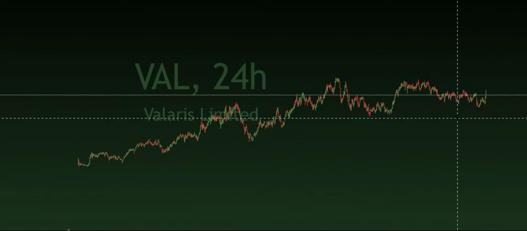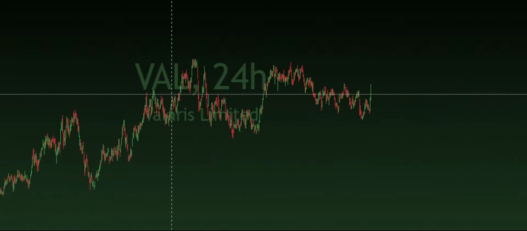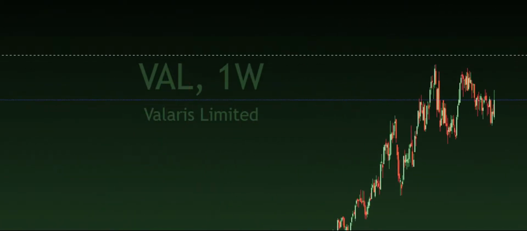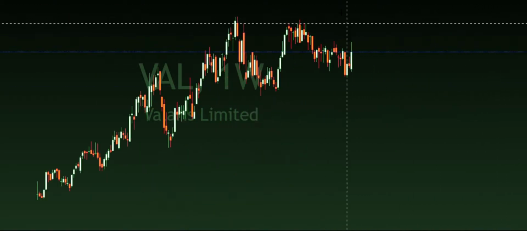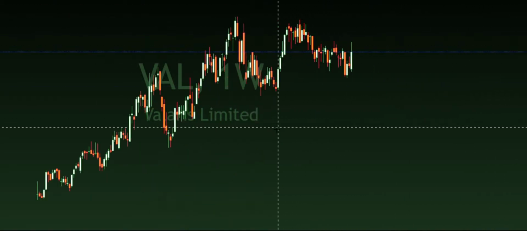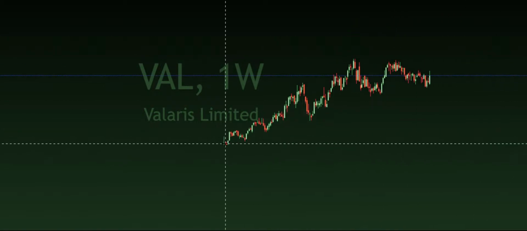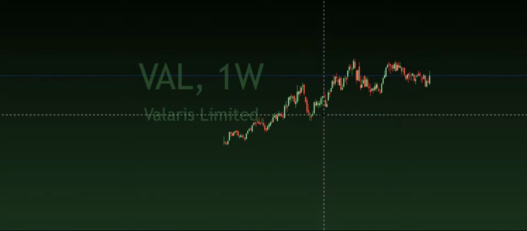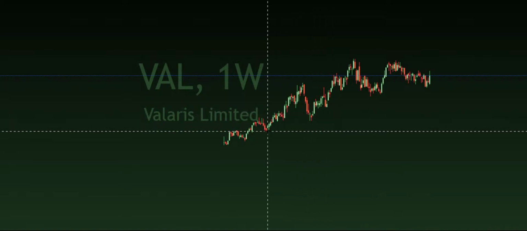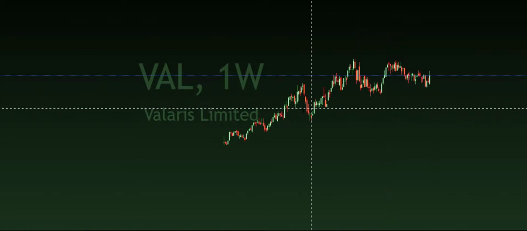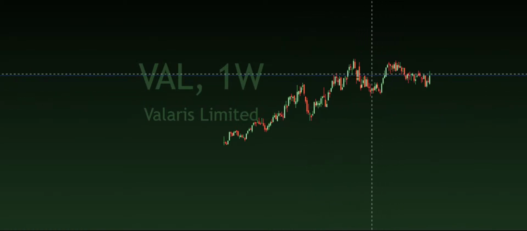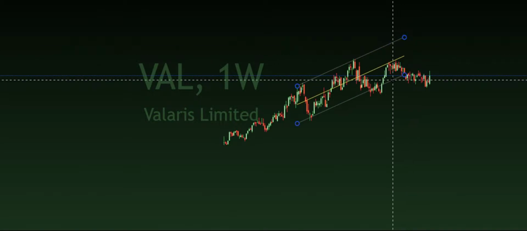So realistically, Val. Now this is all lower time frame, but if I go to the weekly, that's where it just becomes super clear. I think one thing that is important to note is this stock is new from 2021. So with that being said, it's probably one of these stocks that is either A, establishing trend as we speak, which means that you're seeing wide fluctuations in prices, which then establish short-term trend.